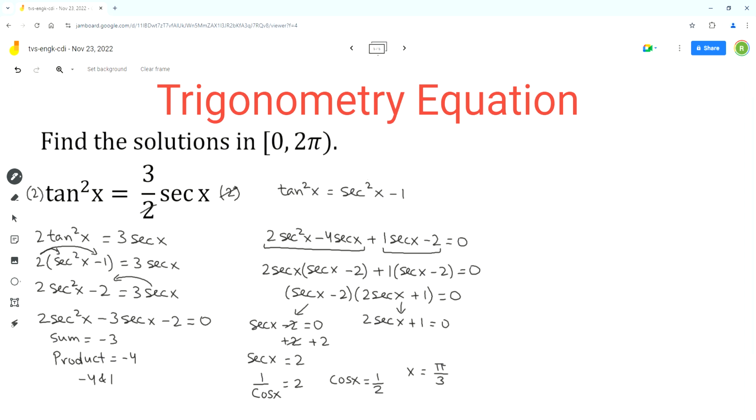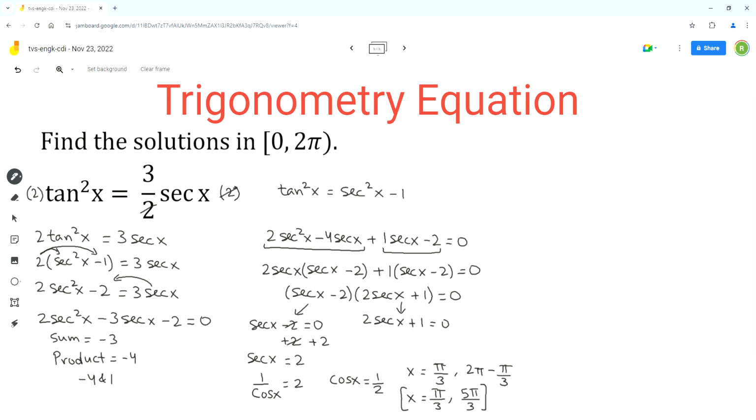In quadrant 4, the angle value will be equal to 2 pi minus pi over 3. 2 pi minus pi over 3 is equal to 5 pi over 3. So these are the two solutions we get from the first case.